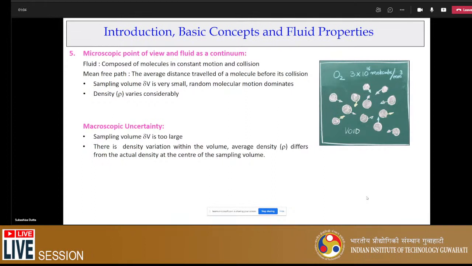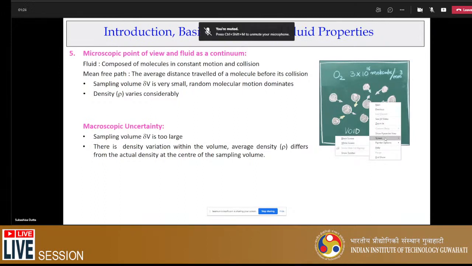Okay. So as I was discussing, this is about the microscopic point of view of fluid mechanics and the microscopic uncertainty. This is what I discuss in more detail in the class and the video lectures.